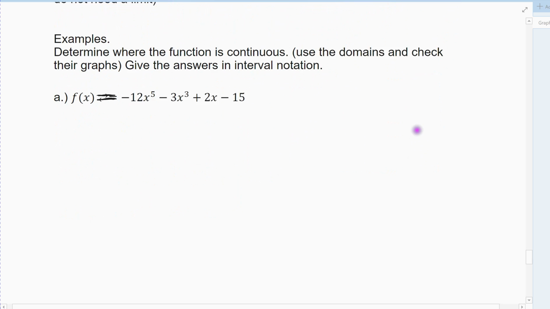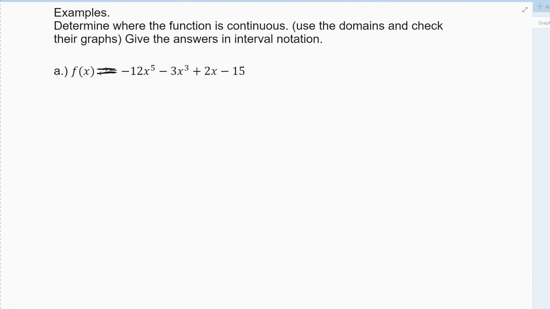All right, so the first example is a quadratic case. Use the domains, and then I'm going to pop up the graph here. I'm just going to sketch the graph, but you can pop it up on your own calculator to double check my graph if you want to. The first one is a polynomial, right? There's no division, there's no roots, and so there's no problem. For domains, I only have to make sure there's no division by 0 and no imaginary numbers, and there aren't any.